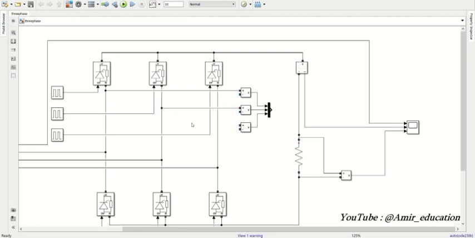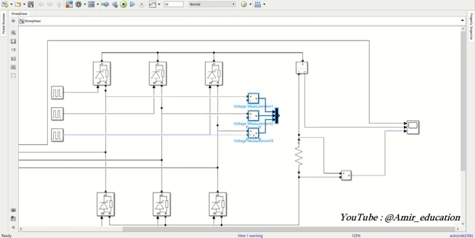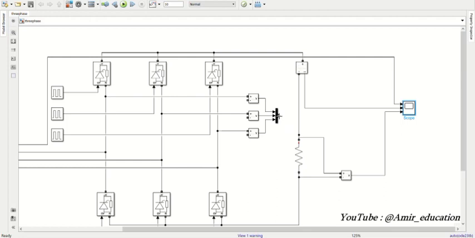Oh, it should be connected to this and this. It's alright, and I connect it to our scope.